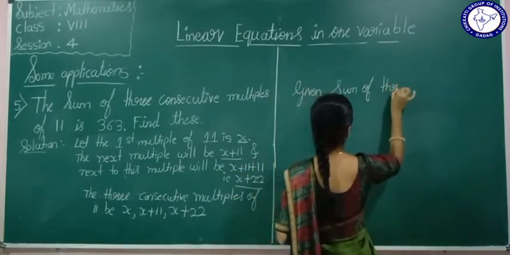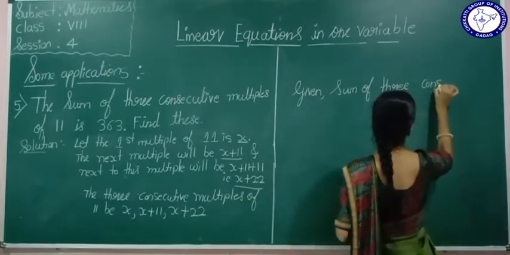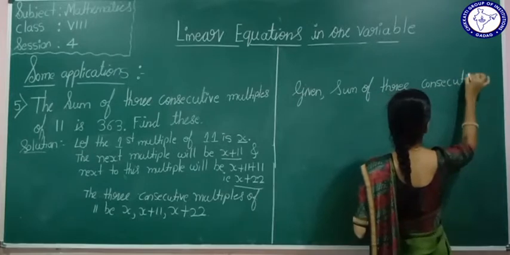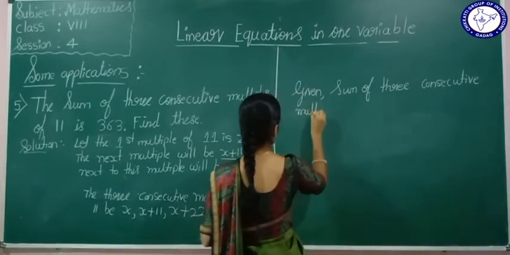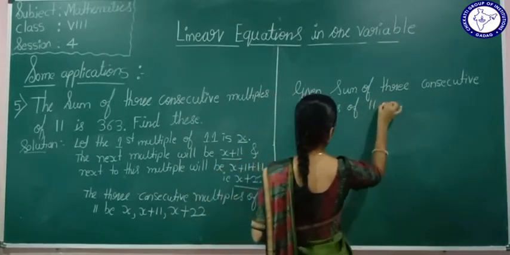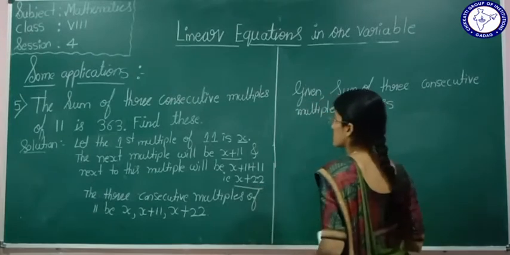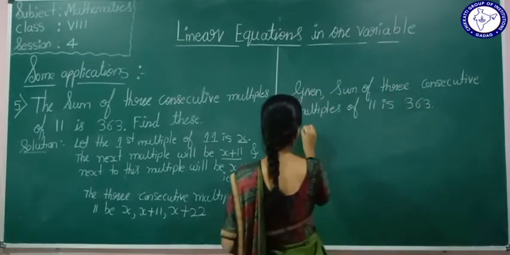Sum means what? Addition. The sum of three consecutive multiples of 11 is 363. Okay. So that is, sum means addition.